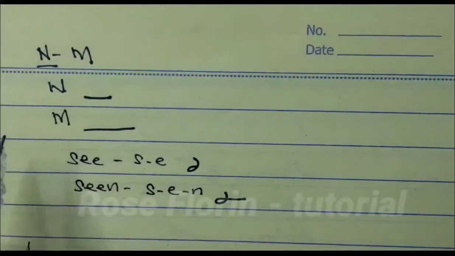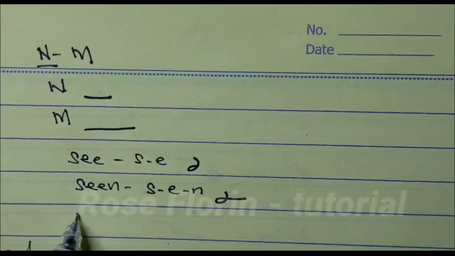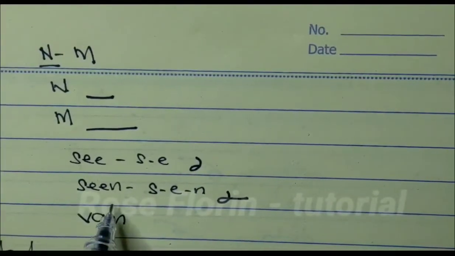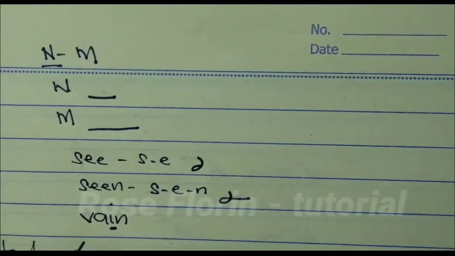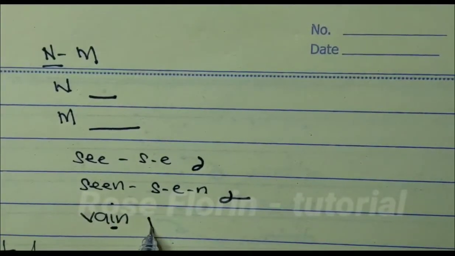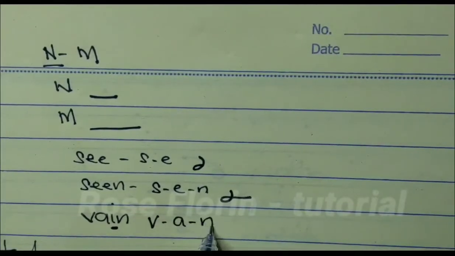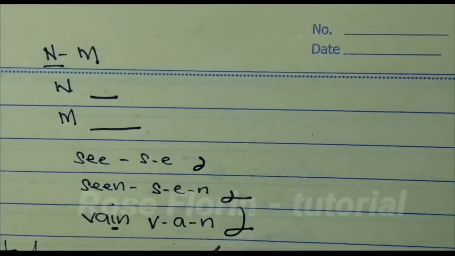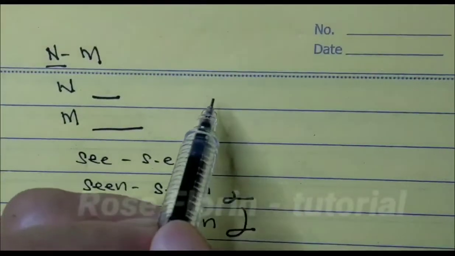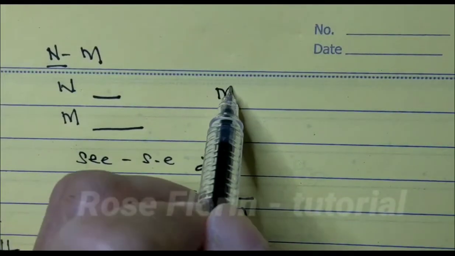Okay. Next, vein. Okay, I is a silent letter. So, vein, V-A-N. Next, may.